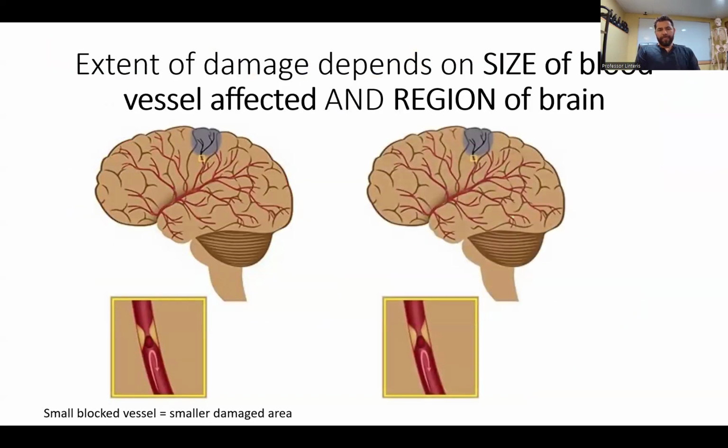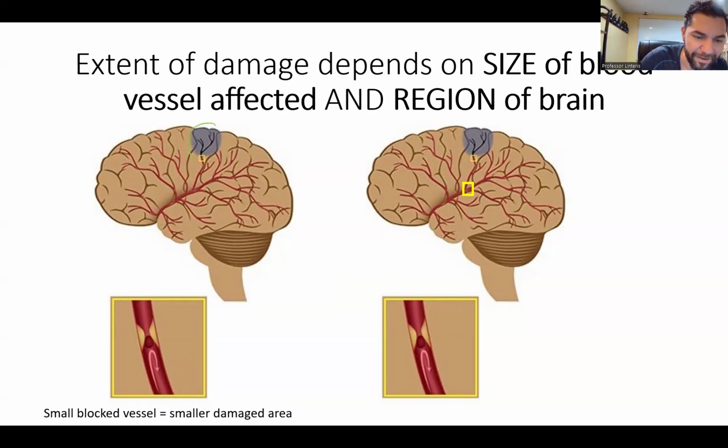Again, depending on the size and location of the blood vessel, you may have different amounts of damage done, right? Big picture, lack of blood flow to the brain results in tissue death. We discussed many different roles of various parts of the brain. So if those areas aren't getting blood flow, then that's where you have your problem.